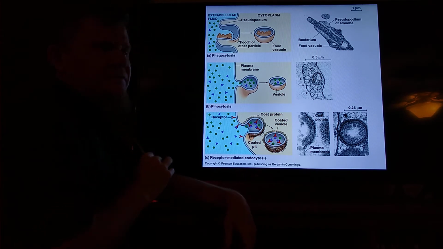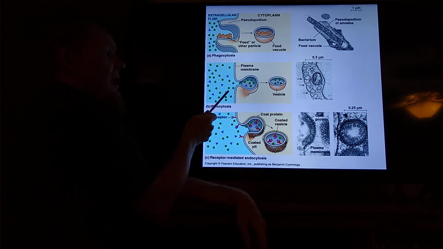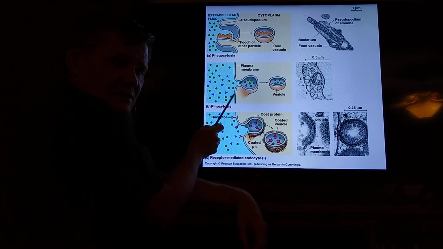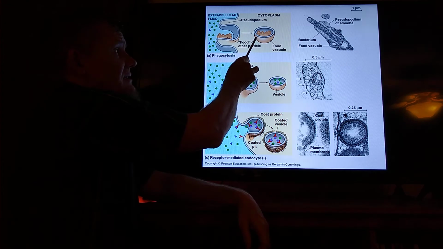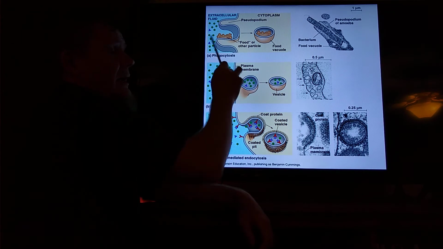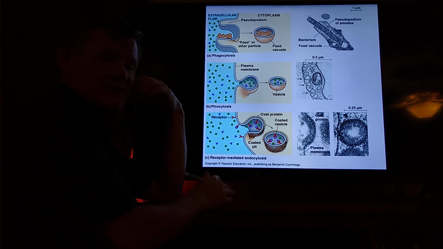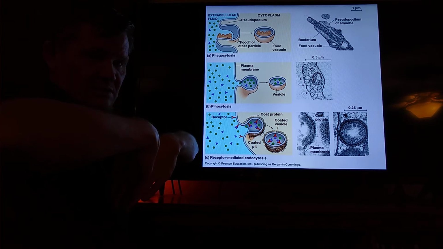Notice the fundamental difference between phagocytosis and pinocytosis. In phagocytosis, the vesicle is made by extending the cell membrane out of the surface of the cell. Pinocytosis is by dipping it inwards.